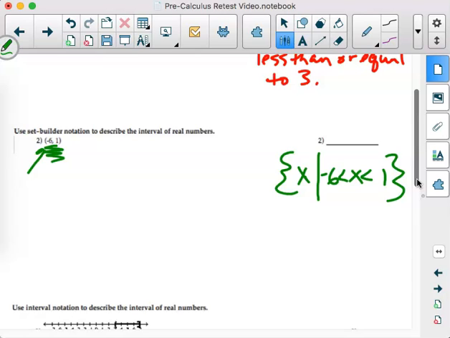So that's how we use set builder notation to describe the interval of real numbers. Make sure that these two variables are a perfect match, because what this says is X is defined as. That's what that line means. X is defined as, and then we have X is greater than -6 and less than 1.